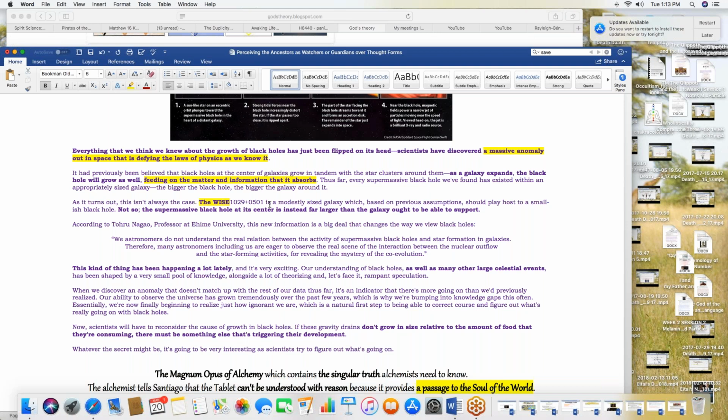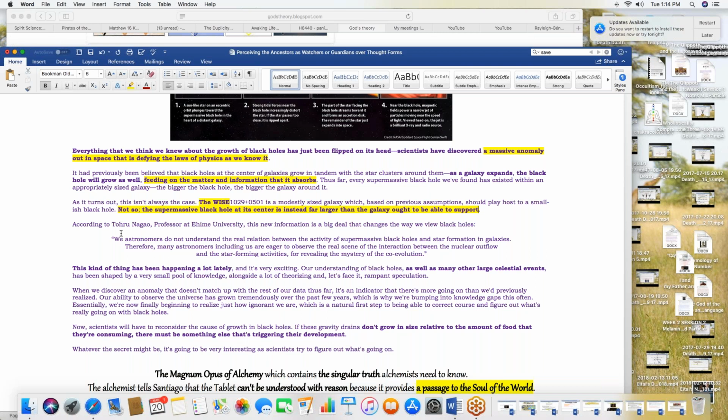Got y'all. Not so. The supermassive black hole at its center is instead far larger than the galaxy ought to be able to support. It's turning this thing on its head.